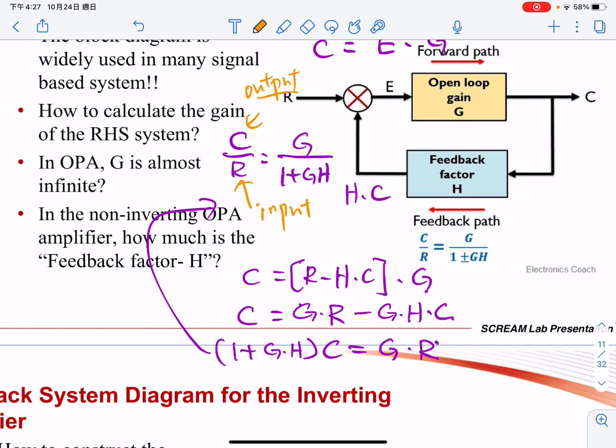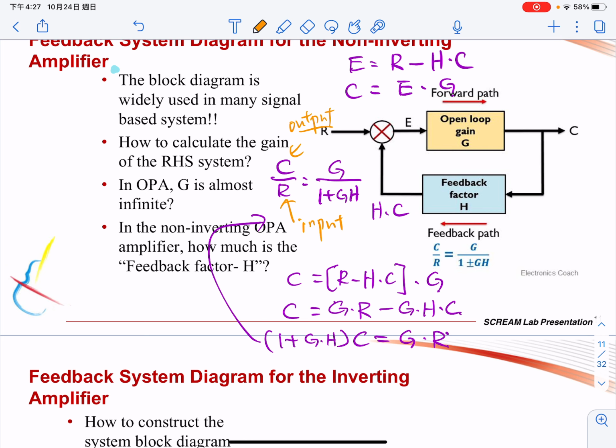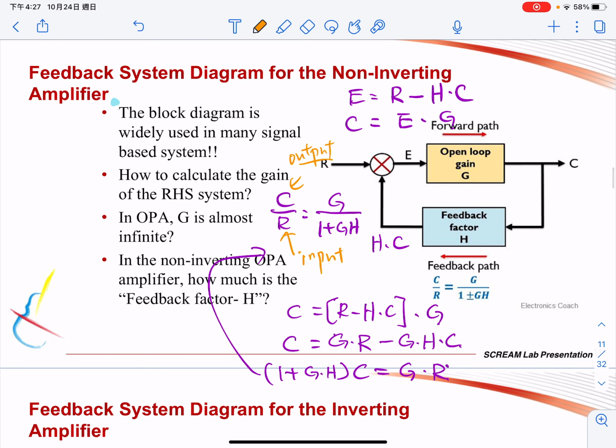So as you can see, we can easily calculate the amplification factor of the amplifier. Okay, so let me erase this.